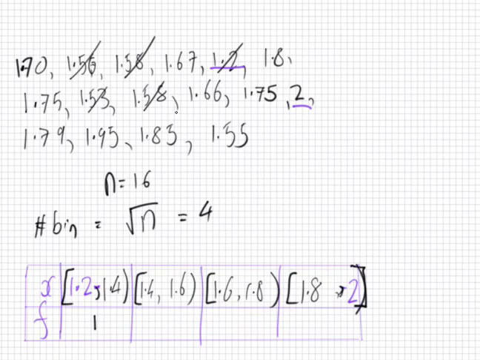Okay, 1.6 to 1.8. 1, 2, 3, 4, 5, 6, 7. And then these two, 1.95 and 1.85, go into the last one. And you didn't have the 2. Oh, yes. So that's a 3 then. We're just counting how many, not the ratio. Just count how many, yeah.